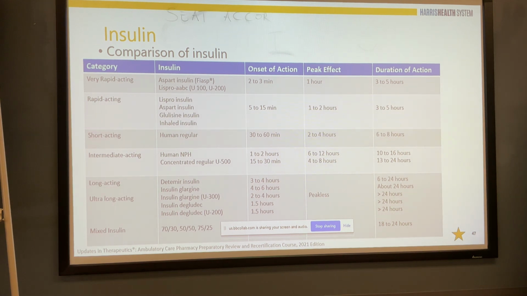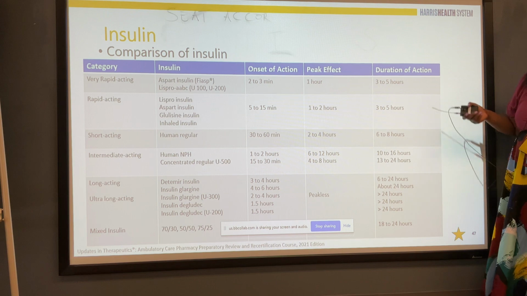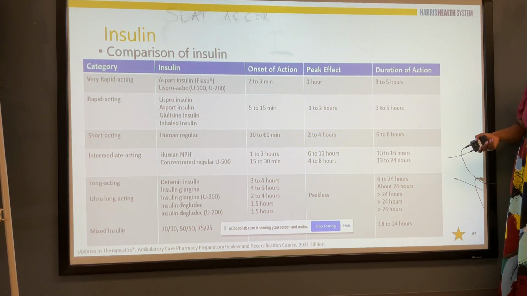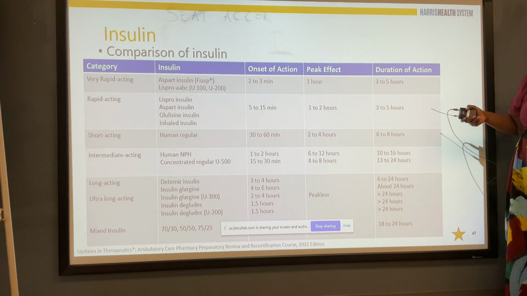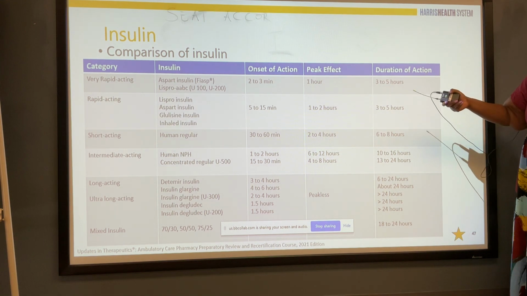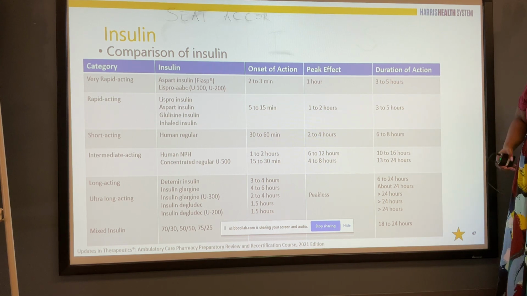So that's when you want the patient to check their sugar or pay attention to how they feel during the times that you might suspect that insulin might be peaking. And the duration of action is how long, of course, it stays in the body. And you see the onset is listed from shortest onset to longest onset.